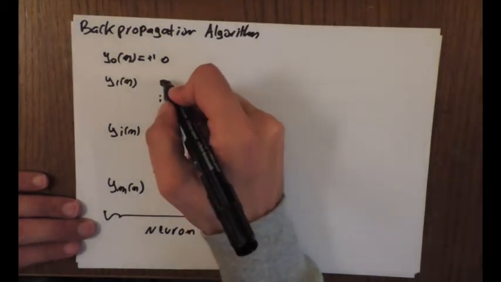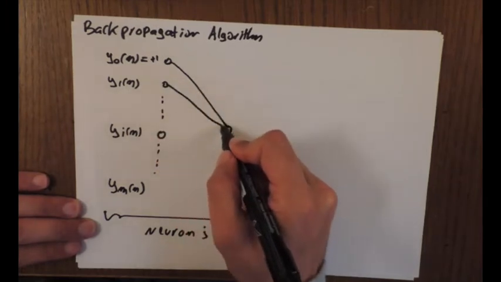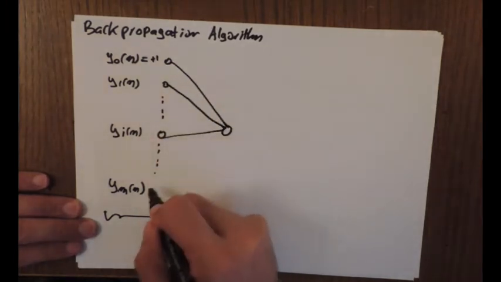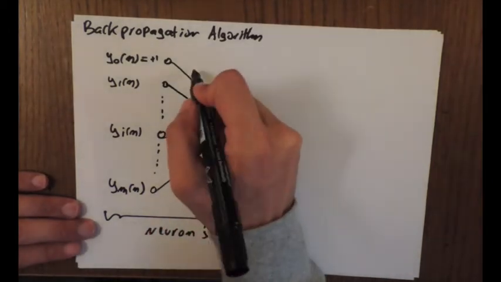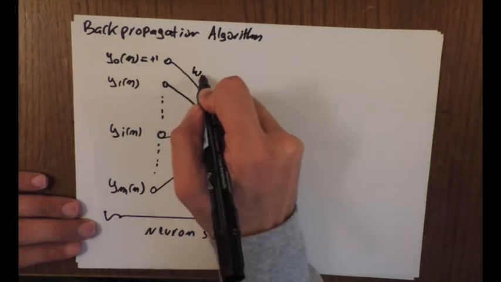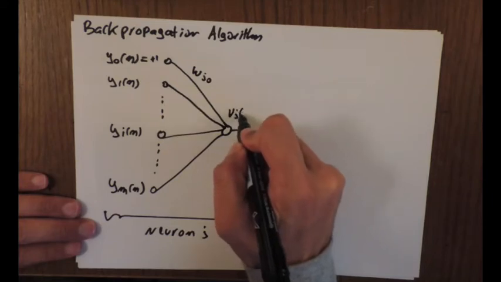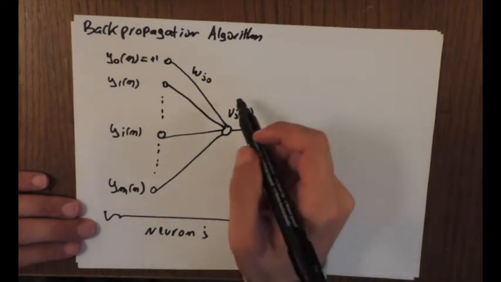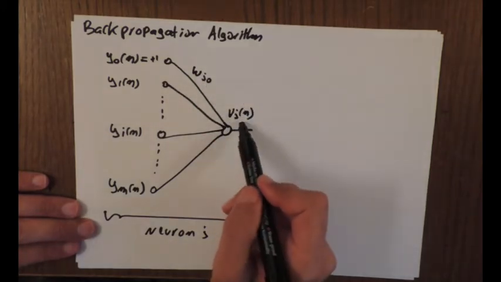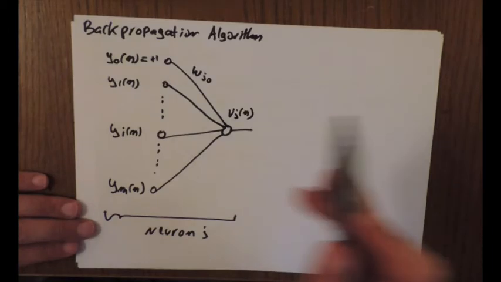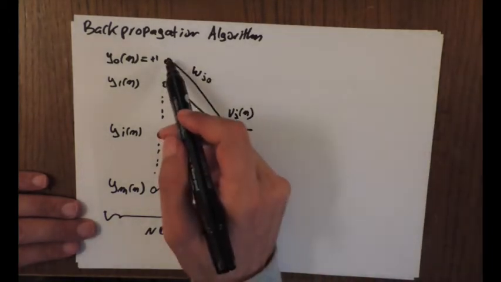Each input from the hidden layer is connected to neuron j. So this will be w j0. This is the induced field v j of n at iteration n. So this is weight j0. Of course, we take the first index from the next layer, and the second index from the initial layer.